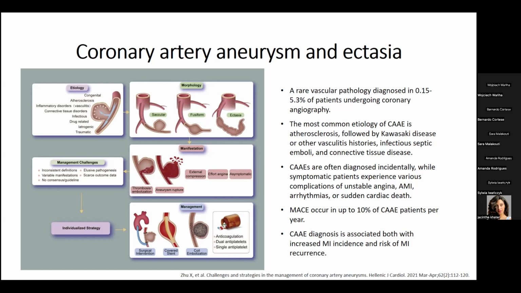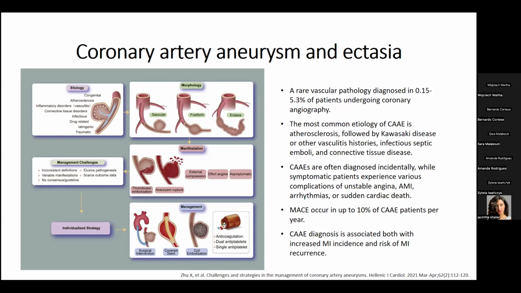The problem is also with management of these patients, because generally we don't know how to treat them. One way of percutaneous intervention is covered stent implantation. However, we have to remember about the increased risk of thrombosis inside the stent graft.